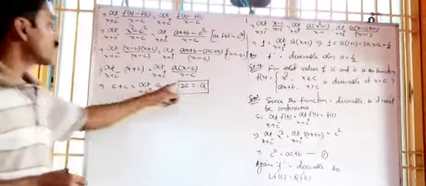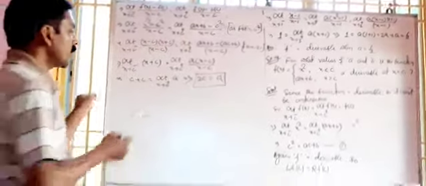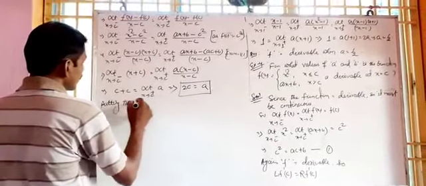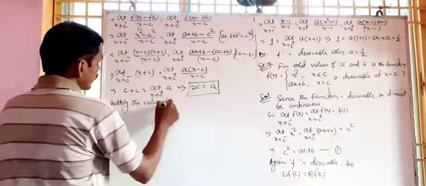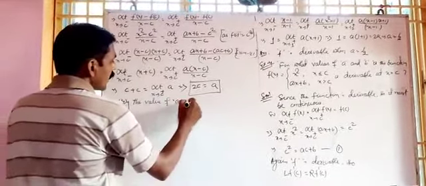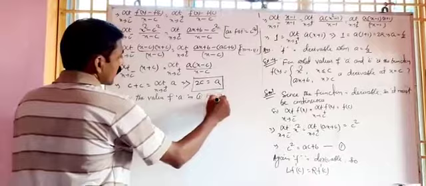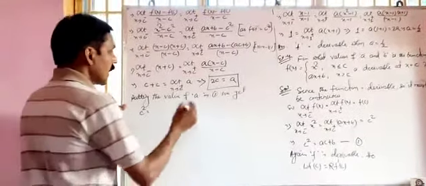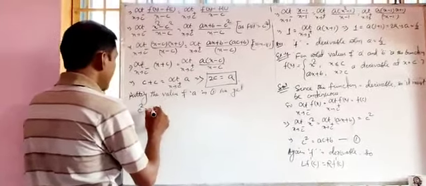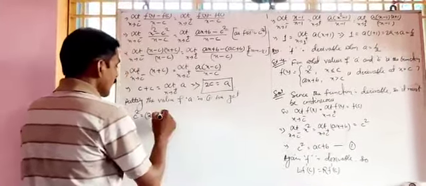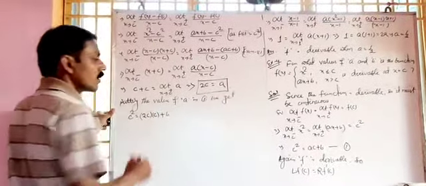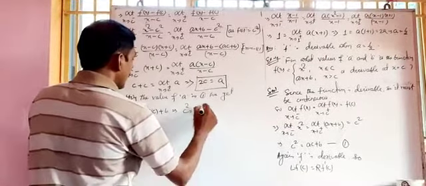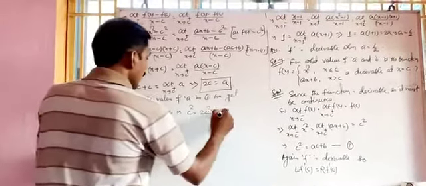Now if we put this value in 1, we can get the value of b. Putting the value of a in 1, we get c square equal to ac plus b, and a is 2c, so c square equals 2c into c plus b. This implies c square equals 2c square plus b.